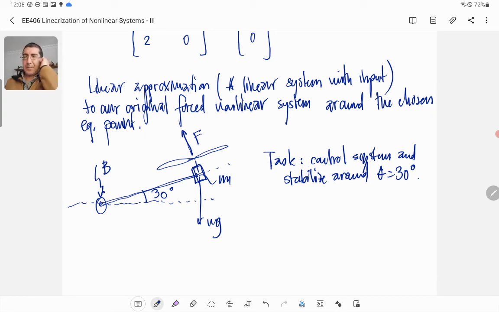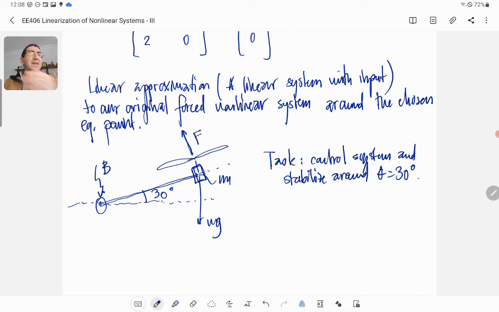How can we approach designing a controller for such a system? We need to find a linear approximation to the system, around the angle that we want to control it around. So we need to first derive the nonlinear system of equations, the state space equations.